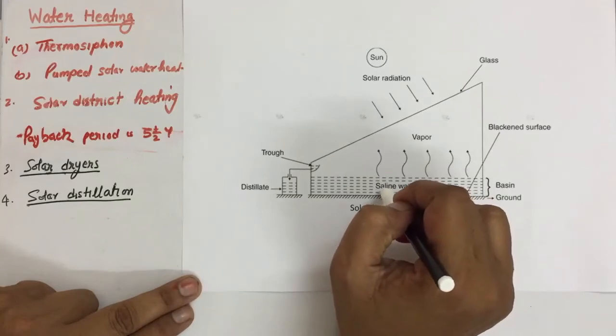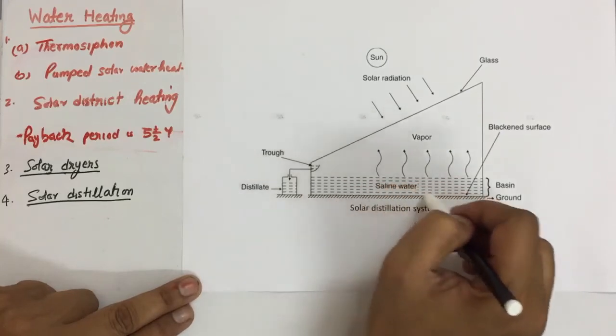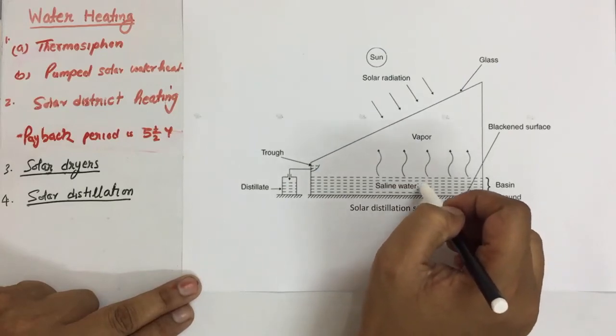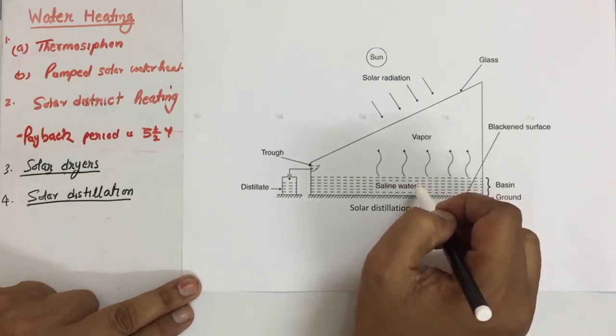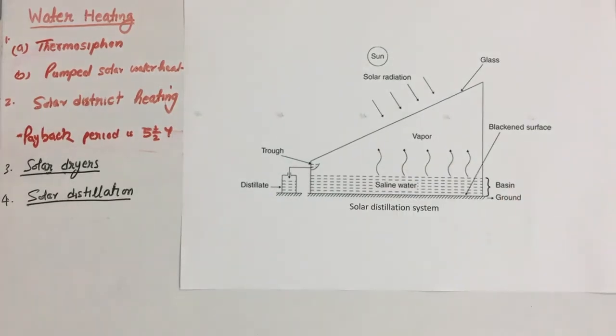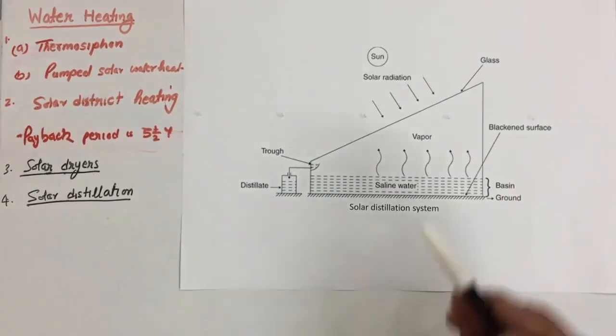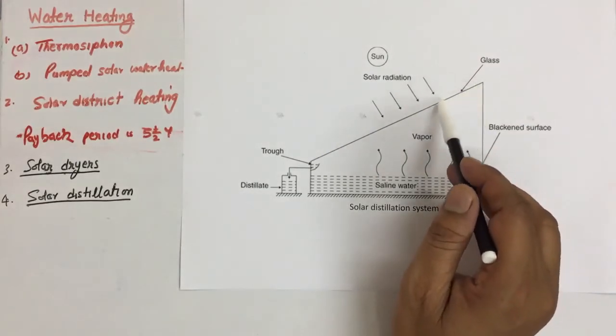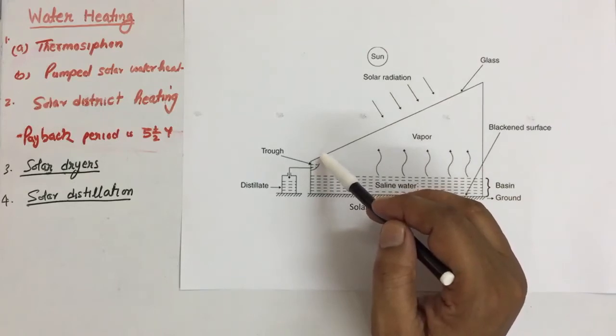and the temperature of the bottom surface increases, and that transfers its heat to the water through the convection process, and the water gets evaporated. After evaporation the water droplets are formed at the inner surface of this glass.